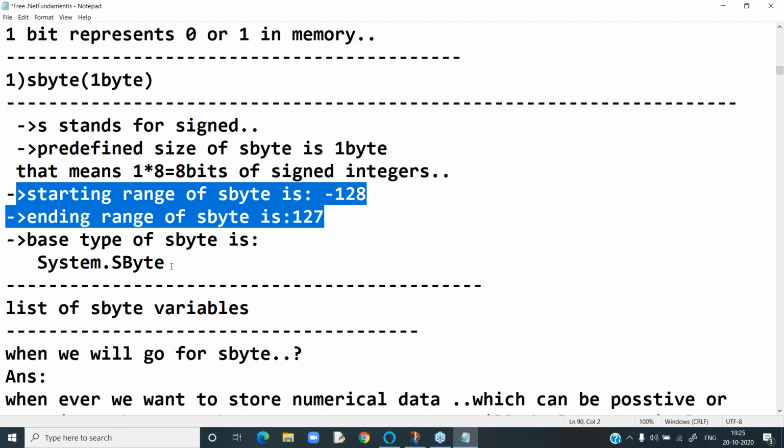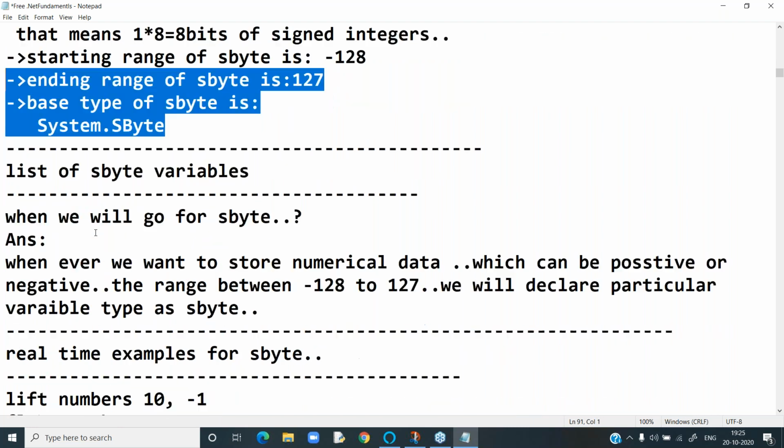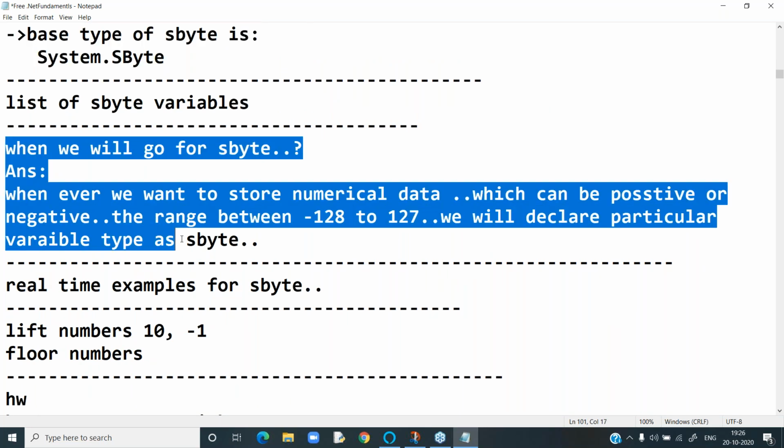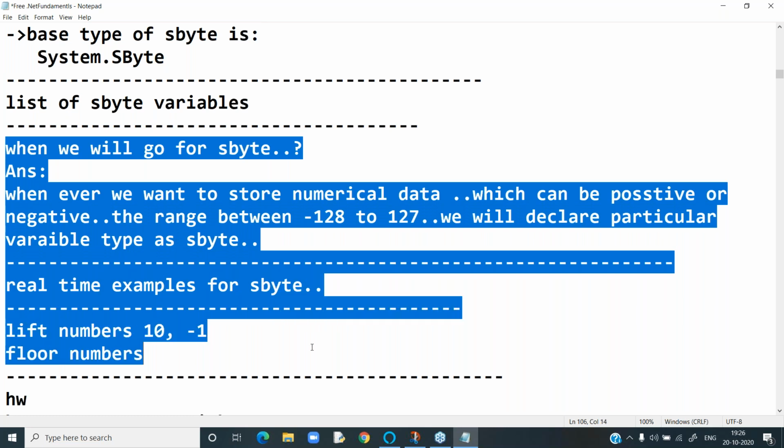Base type of sbyte is System.SByte. After this, we discussed when we will go for sbyte. Whenever we want to store numerical data which can be positive or negative, in the range between -128 to 127, we will declare that variable type as sbyte.